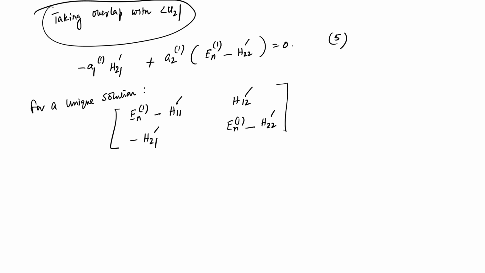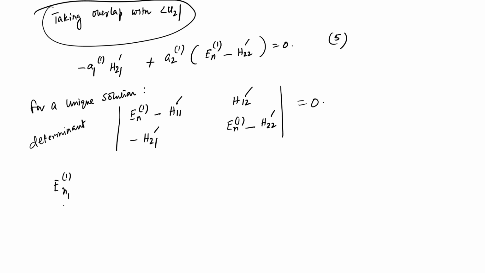Okay. So, this should be equal to 0. This means that the determinant is equal to 0. So, this is actually the determinant. I mean, the determinant is usually written between two vertical lines. So, we will just do that. So, this is equal to 0, and this has two solutions which are the solutions for En1.